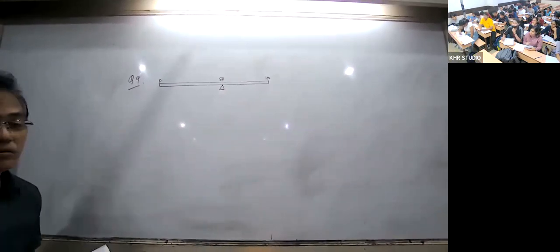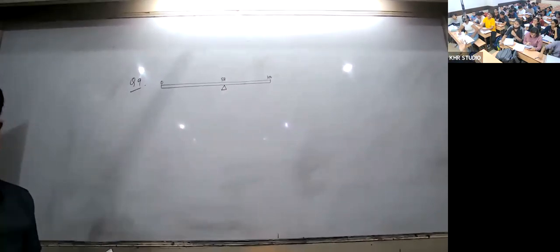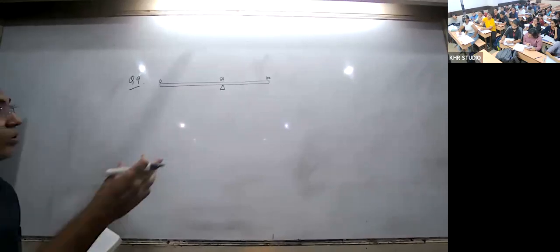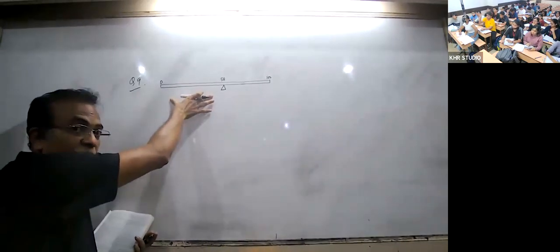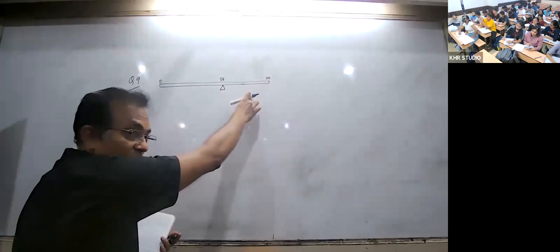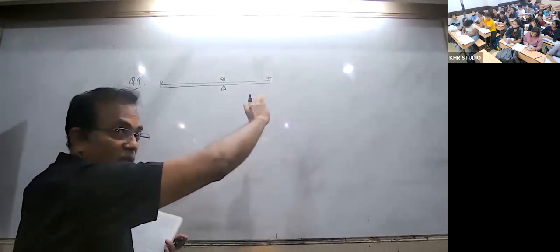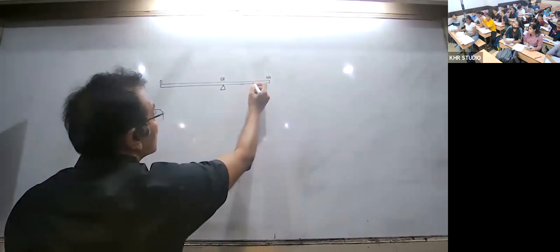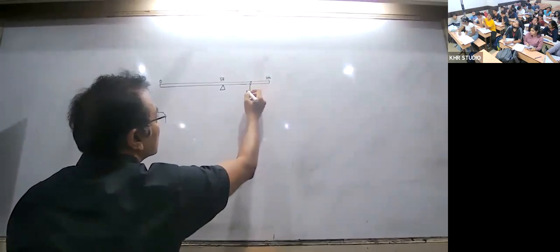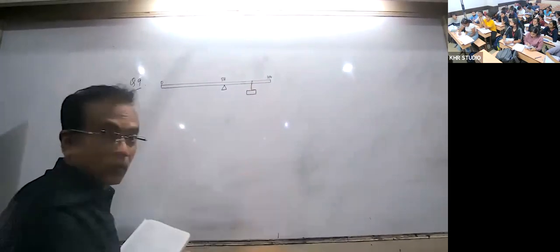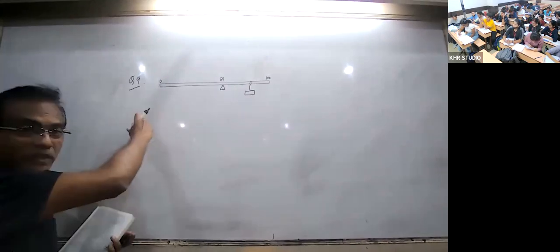On which side the weight has to be suspended? On the smaller side, right? Because this is the bigger distance on the scale, so the weight has to be suspended here. Then you can have it on the right side. Okay, so common sense.